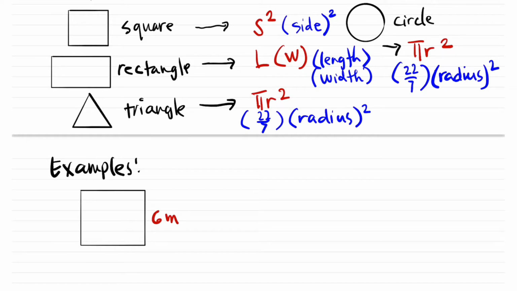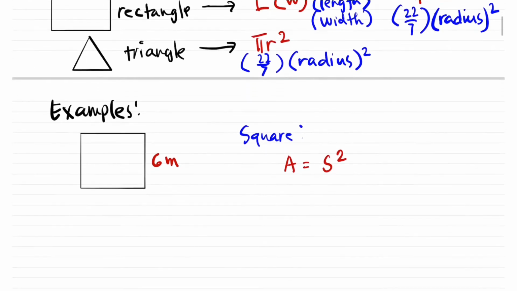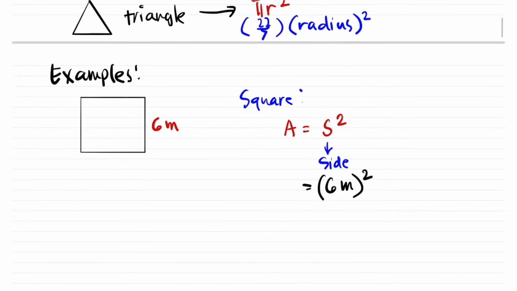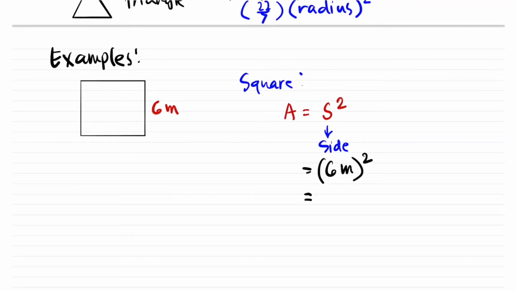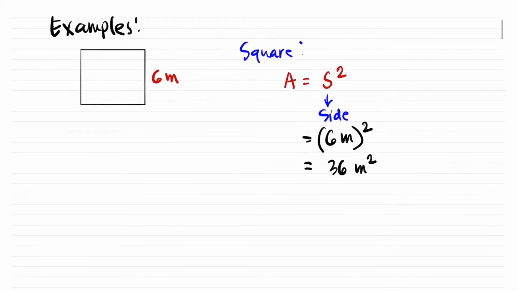Considering that it is a square, the formula is area is equal to S squared. S here stands for the side, so our solution would be 6 meters squared, which is equal to 36 meters squared. So that is the answer.